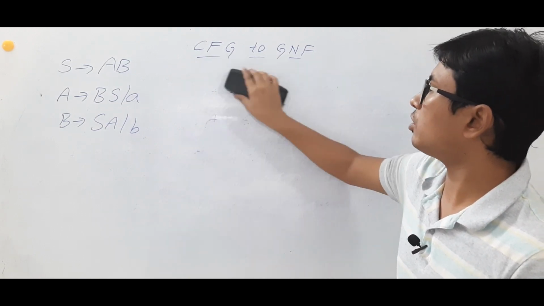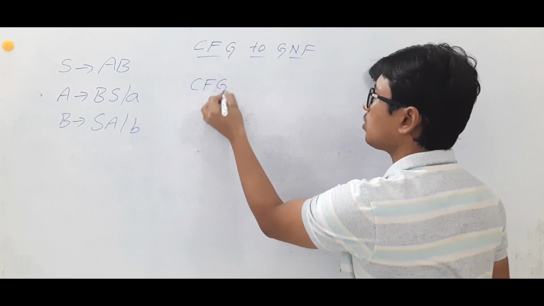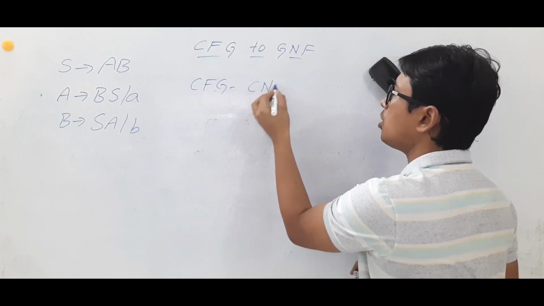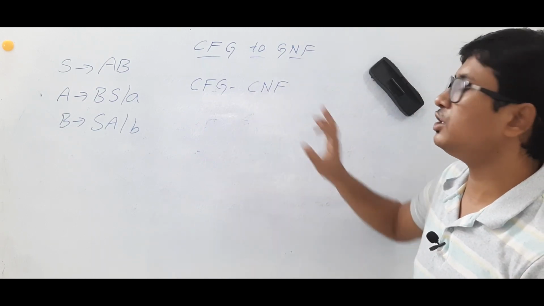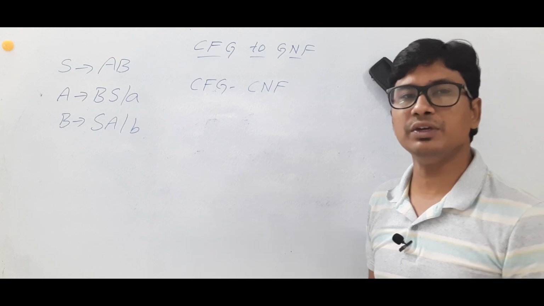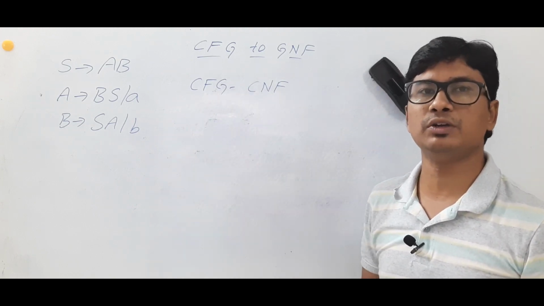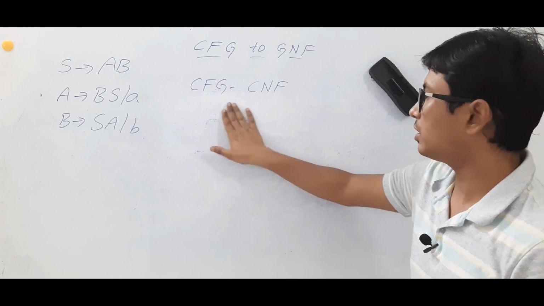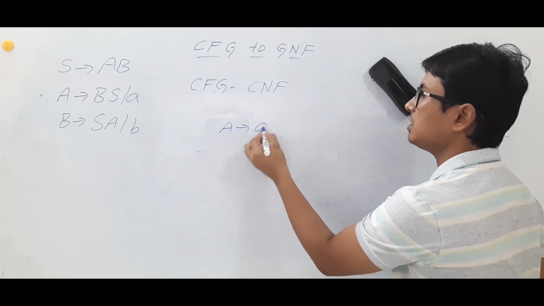The next thing we have to do is convert the given context free grammar to Chomsky normal form. If I want to convert into GNF, first I need to convert into CNF. Already we have discussed the procedure of converting a context free grammar to Chomsky normal form. So when can I say that a given grammar is in CNF?